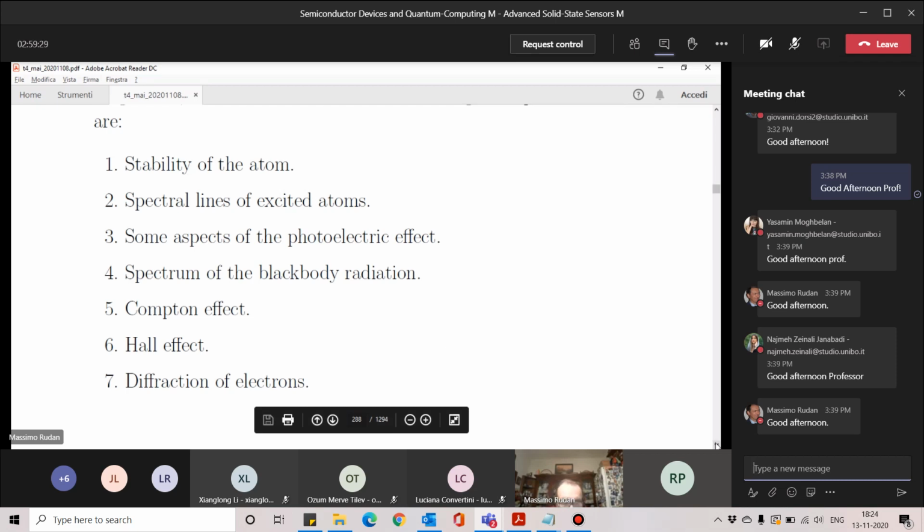repeating this issue. In essence, the Hall effect seems to imply that there are materials like p-doped semiconductors in which instead of having electrons that carry the current density, we have positive particles, okay?